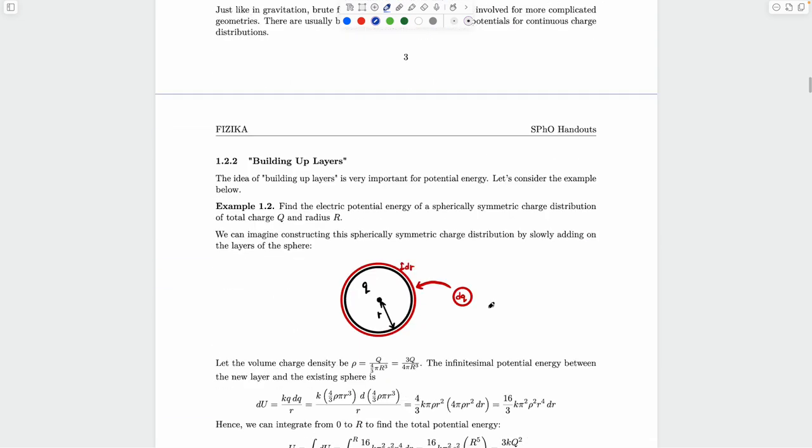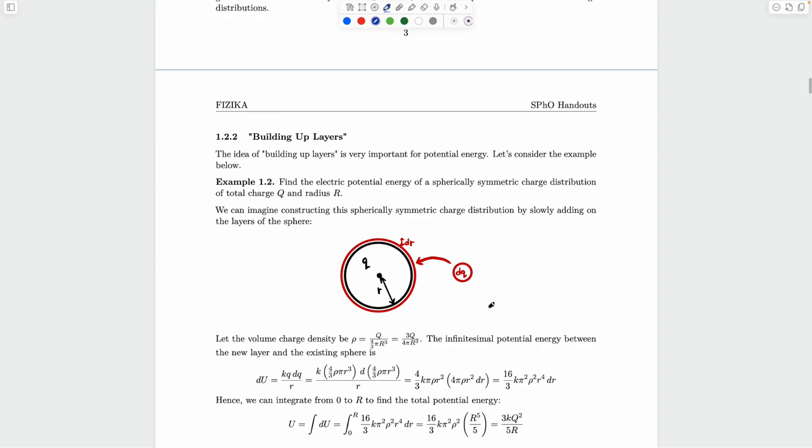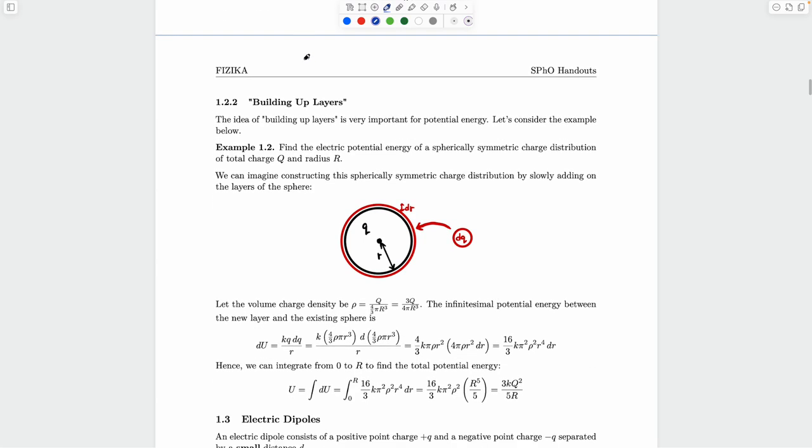Then there's also this thing called building up layers, which has been tested before. That's why we added it in. Basically, the idea is that you can perform a step-by-step analysis to solve problems. For example, if the problem asks for the electric potential energy of a charge distribution of a sphere, you can imagine assembling layers and layers of concentric spheres, one after the other.